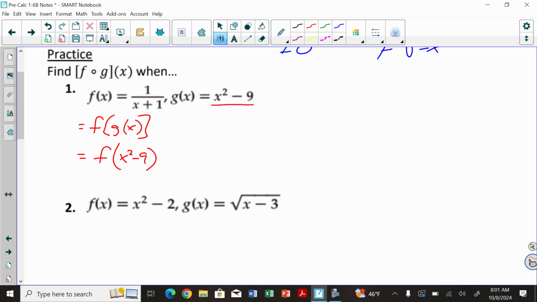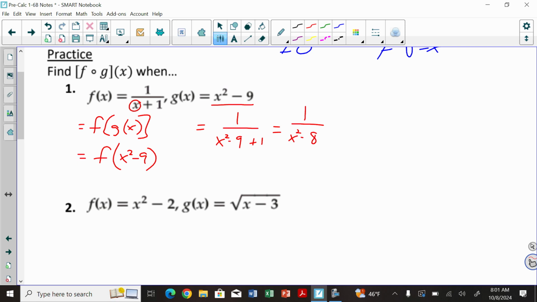If I plug that in for my x right here, I'm going to get 1 over x squared minus 9 plus 1, which equals 1 over x squared minus 8.